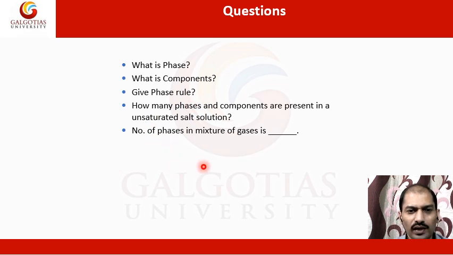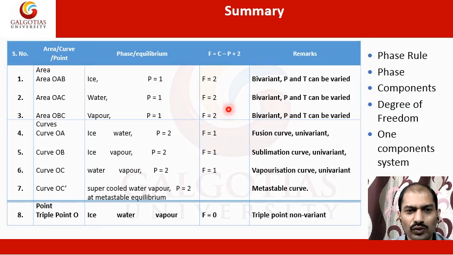So once you understand the basics of how to find out these different phases and different degrees of freedom, and to check the different graphs and their areas with respect to two phases or three phases. So if you see the overall phase rule, component, degree of freedom, one component system, we have bivariant, pressure and temperature can be varied, like in case of area if we see earlier.